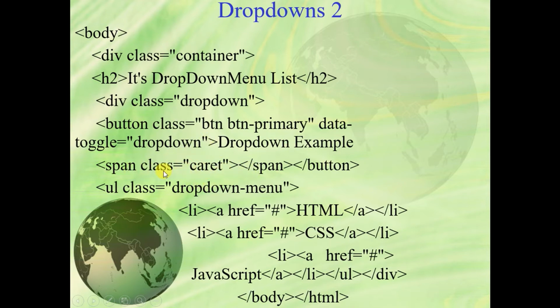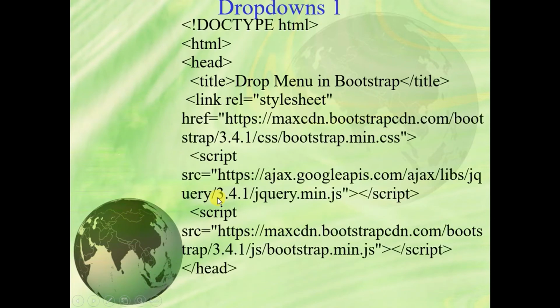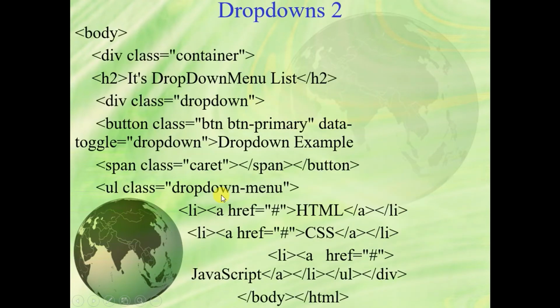This is another class with span, and this is the drop down menu list. These are all the same as you already learned in previous lectures. What is hyperreference and list item?